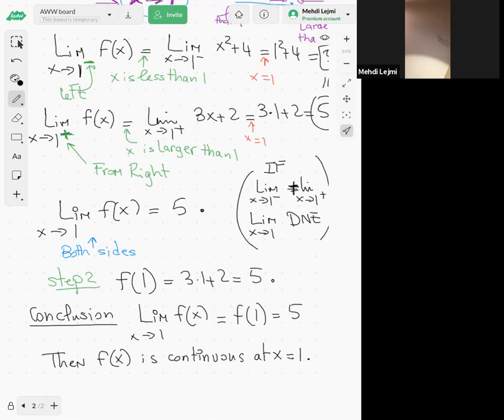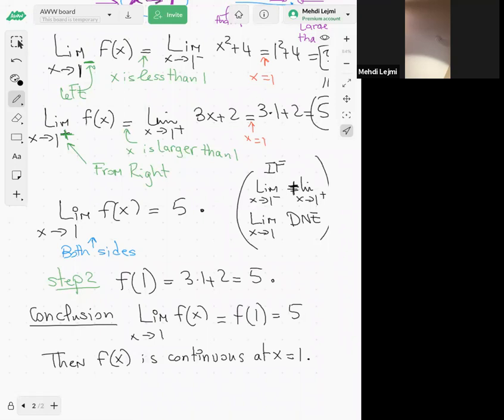So for example, for some reason, if this limit of f of x, x going to 1 does not exist, for example, the limit from the left is different from the limit from the right, then your limit does not exist. So if your limit does not exist, then of course your f of x is not continuous at x equal to 1, right? Yeah, so that's for the continuity.